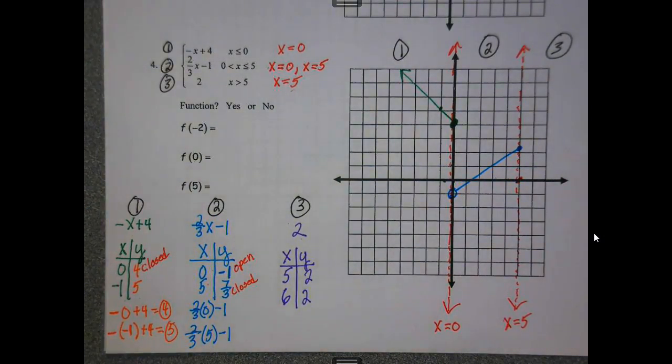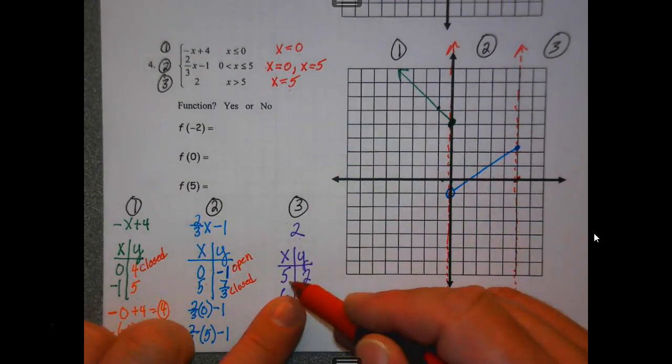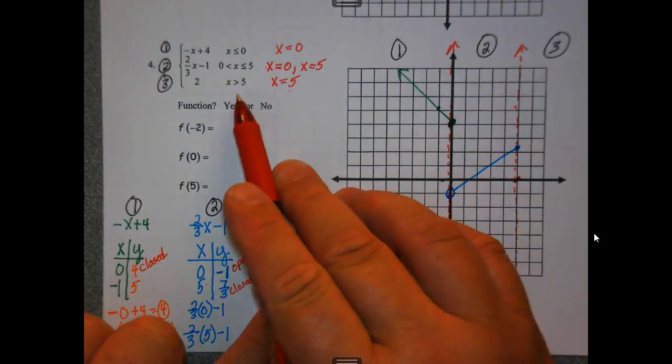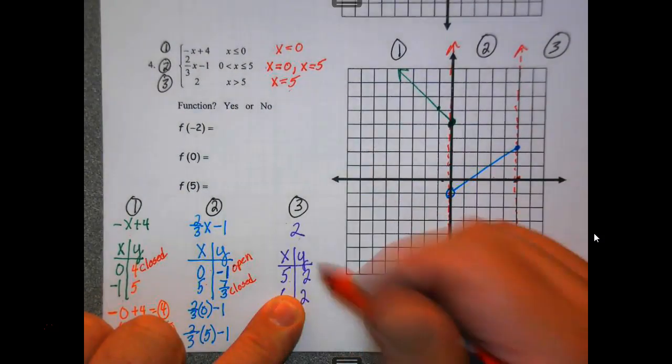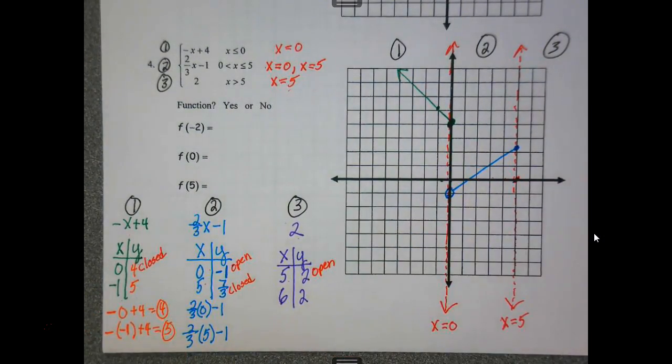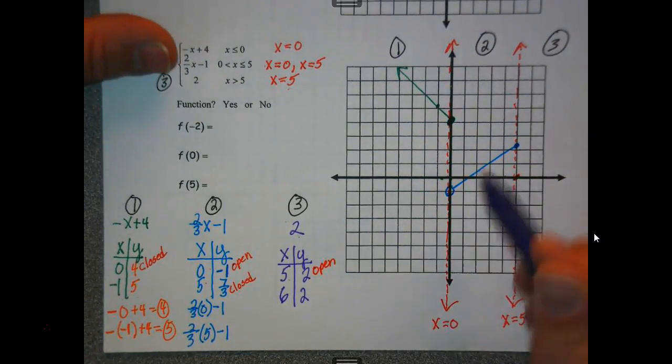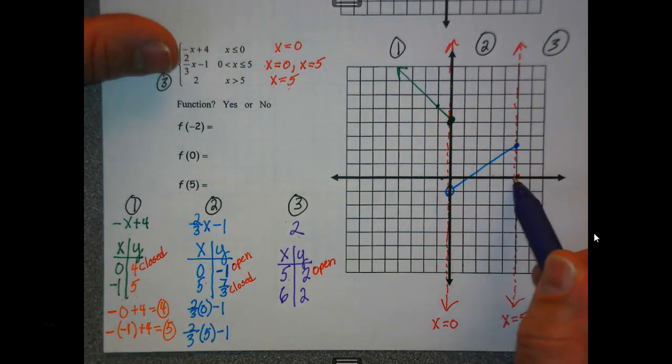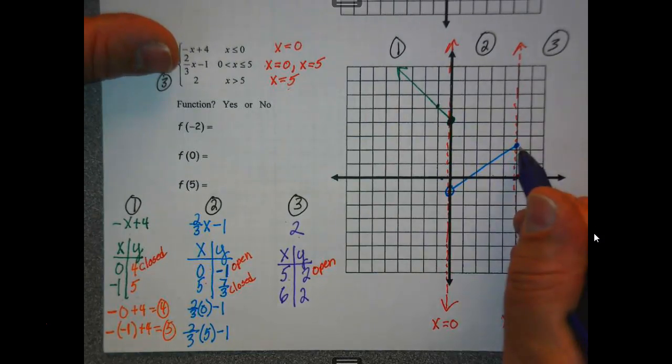Let's look at the critical point. 5, 5, 2. No equal sign. So it's an open circle. Let's go to our graph. 5, 2, which is just underneath 2 1/3.